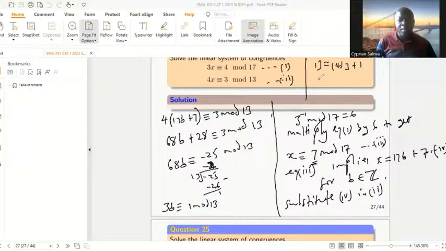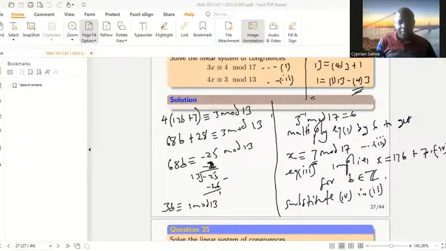So let's reverse this: 1 equals 13 minus 4 multiplied by 3. So the inverse of 3 is negative 4 mod 13. Negative 4 mod 13 is the same as 9 mod 13, since dividing negative 4 by 13 leaves a remainder of 9.